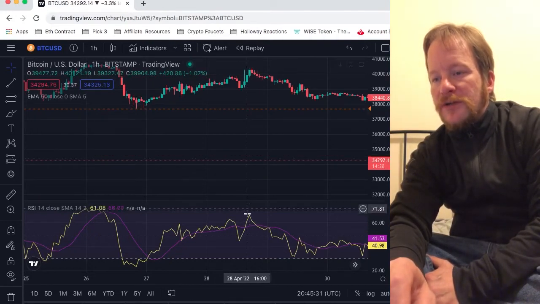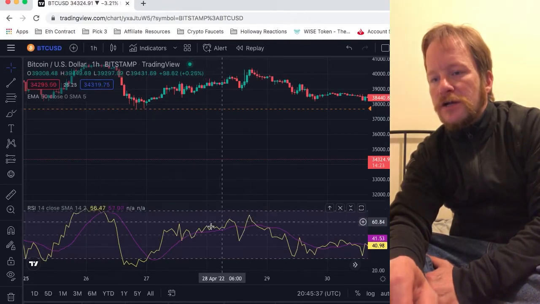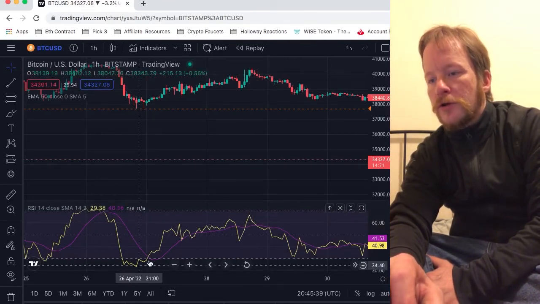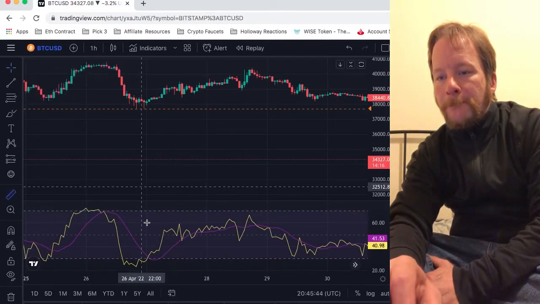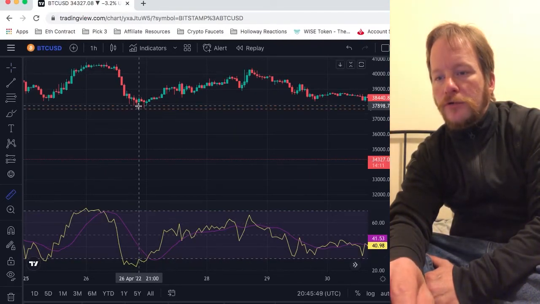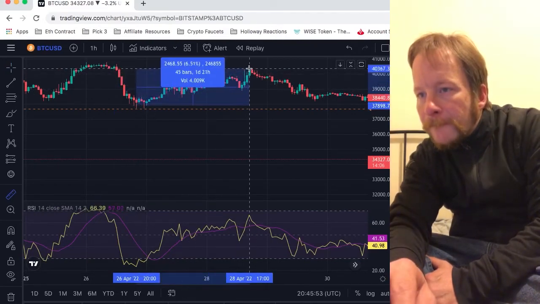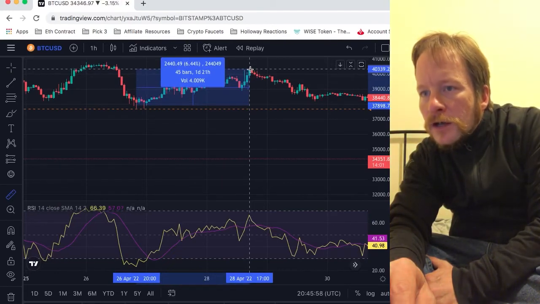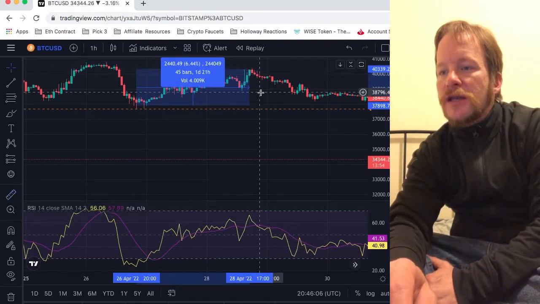This is a 69, so I rode from the bottom all the way to the top here. And we can see what kind of gains those would be. It would have been 1 day, 21 hours, and a 6% gain.